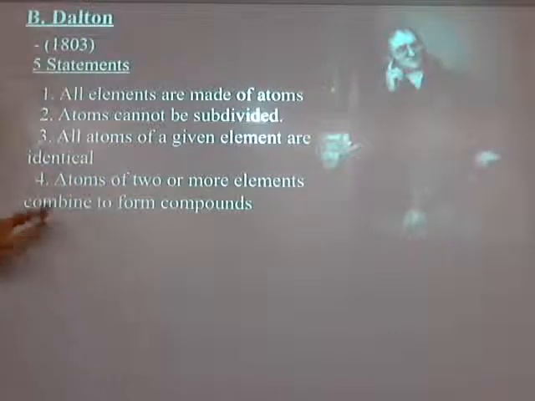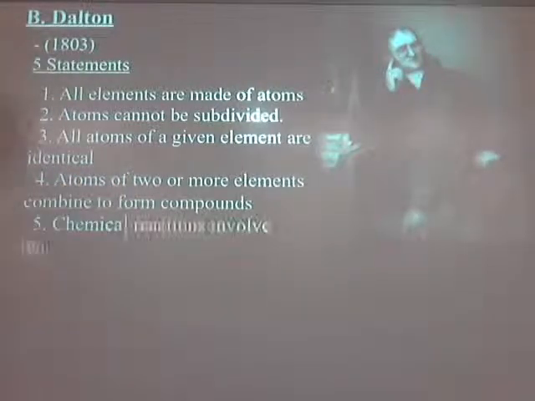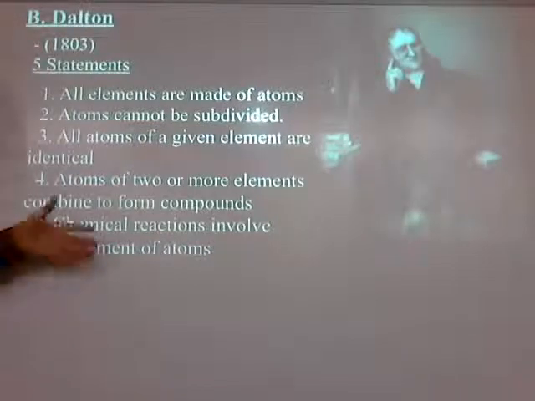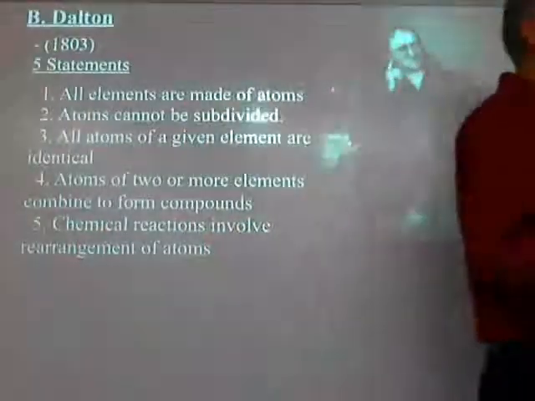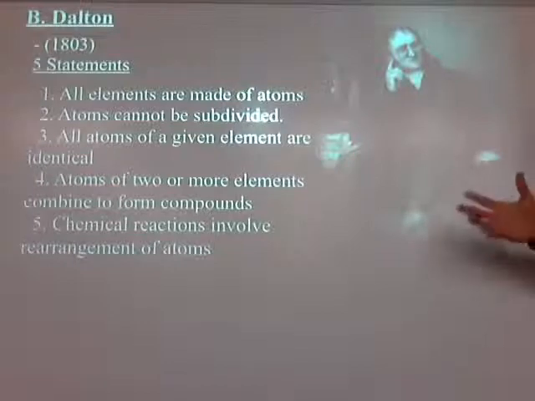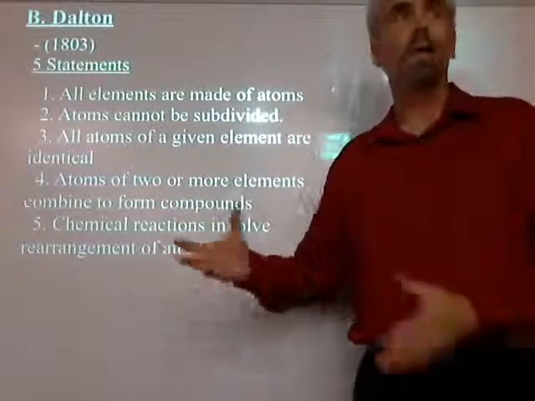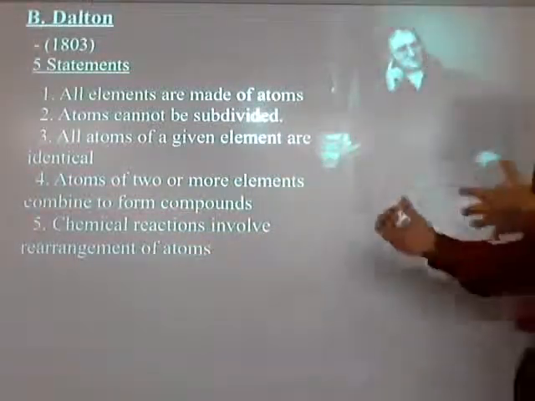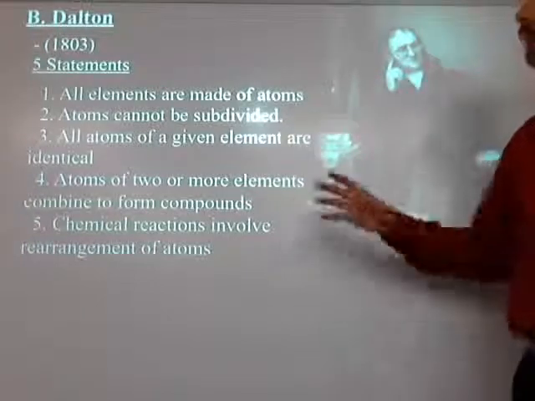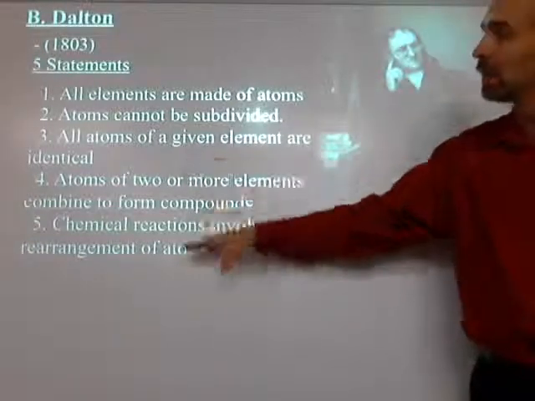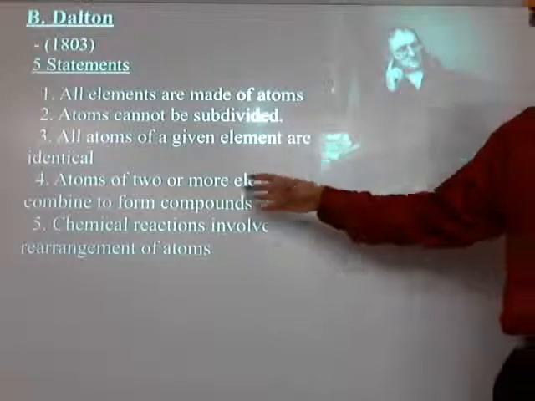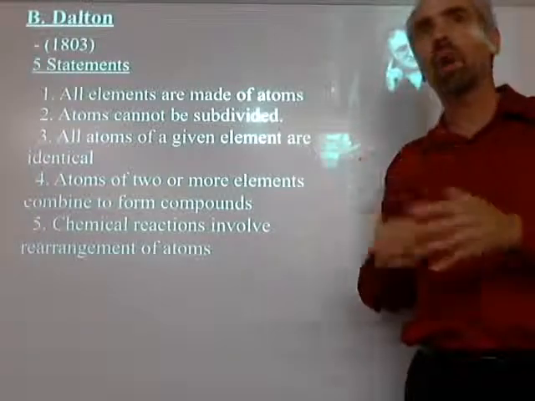Because when he weighed them, he found out they were always combining in whole number ratios. He would do experiments, put these together, rearrange these atoms, and you'd always get the same number on both sides and a whole number ratio. So based on those experiments, he proposed some evidence for the atomic theory. And that's why he's really famous.